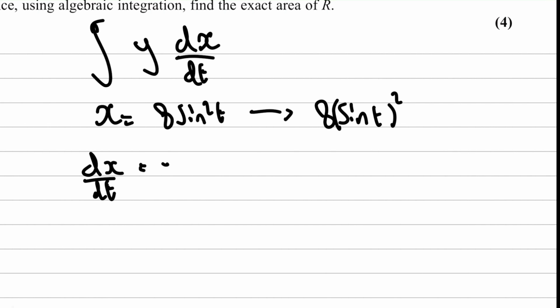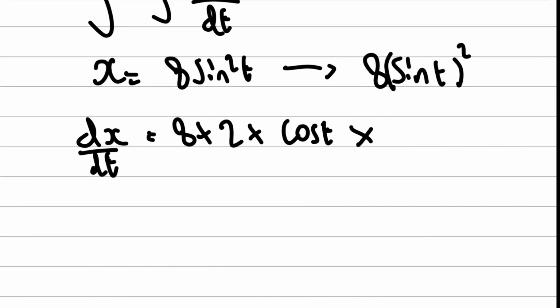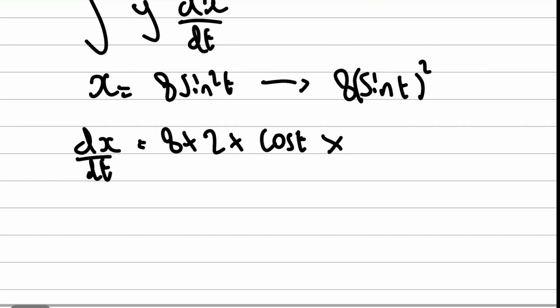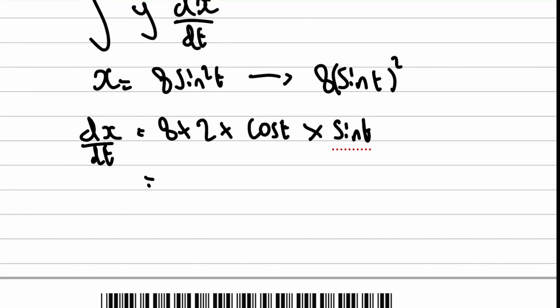So all we need to do is 8 times 2 times sine of t, so that will just leave us with cos of t. And then times it by the bracket inside the bracket, and what you do to the bracket is you remove the power by 1. So it's going to be sine of t alone. So we're just left with 16 sine t cos t.